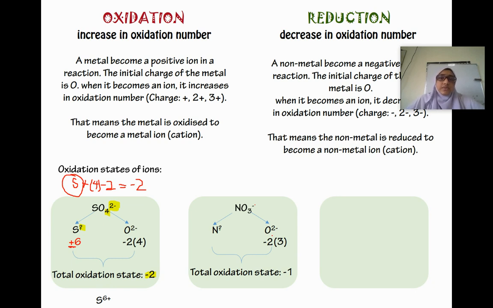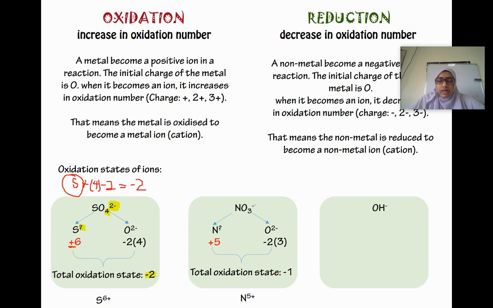So -2 times 3, you get -6. So now you think of this one, -6, -1, right? So if you're going to do an equation to solve, you can solve for N, and you will get a +5. So the oxidation state of N in nitrate is actually +5. It's not -3, like how we always know, right? It's in group 5, so it should be -3. But that's not the case here.